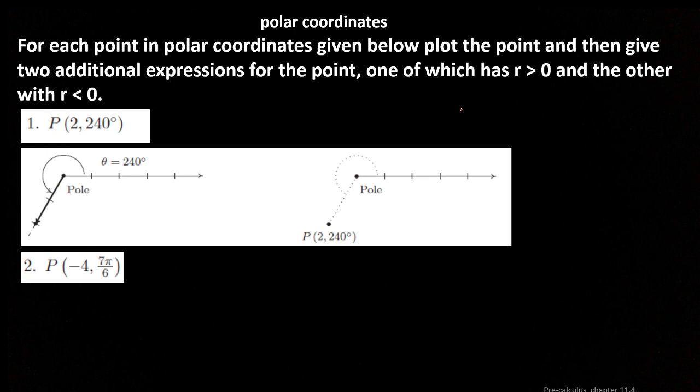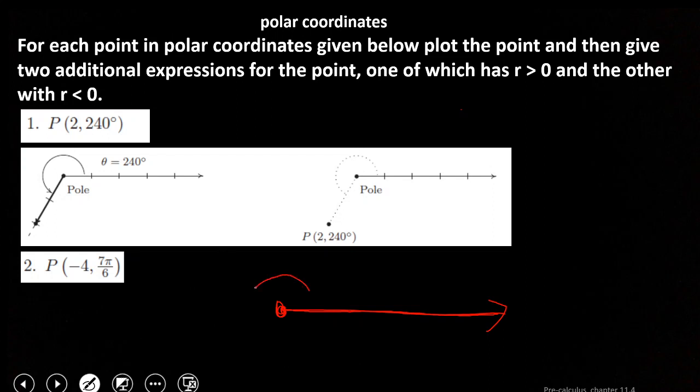Here you go. To make this, I would make the pole and then the polar axis, and then do the angle first. 7 pi over 6 is what? 7 times 30, which is 210 degrees. I'm going to go to 210 degrees, which is about right here.